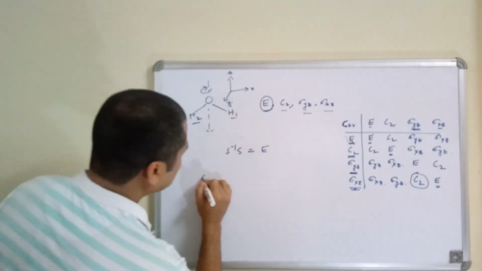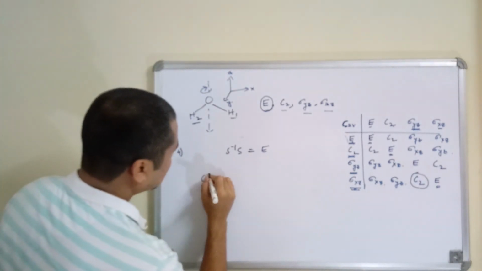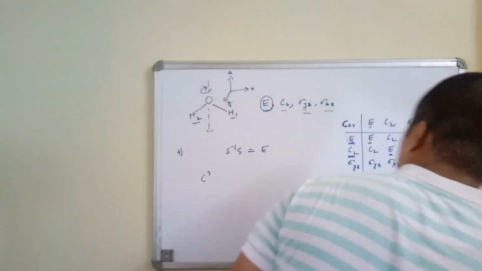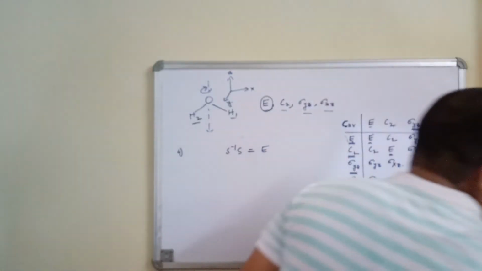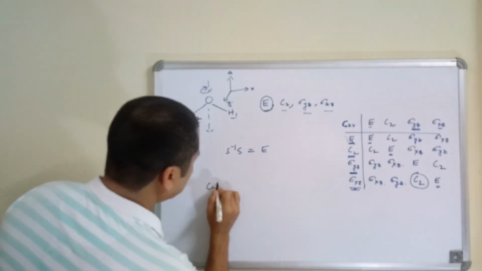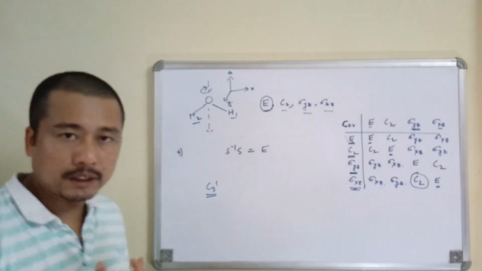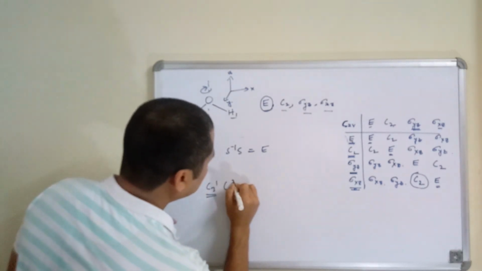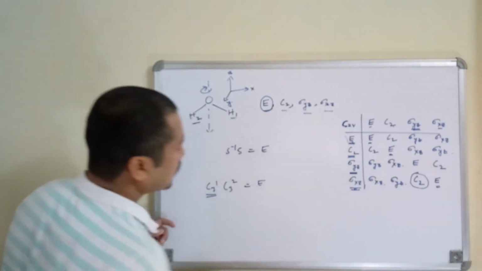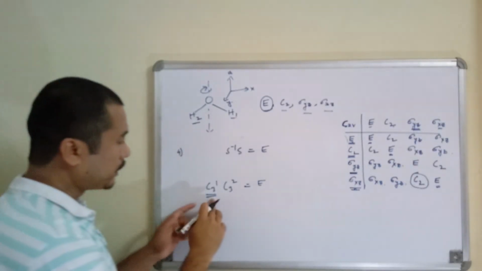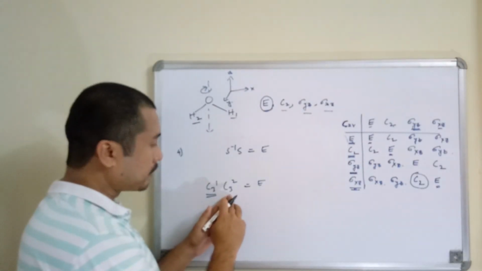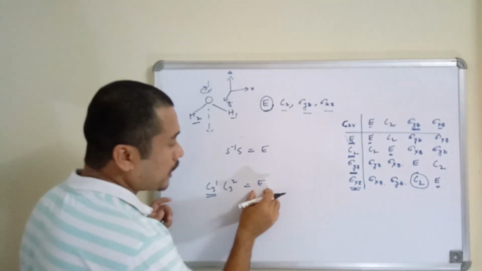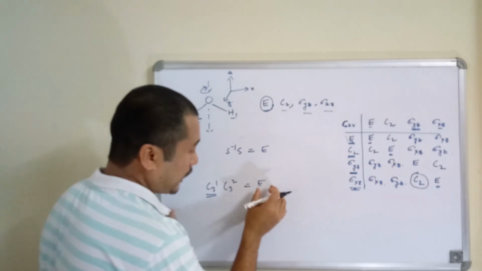So for example, if we want to find the reciprocal of the C3 1 symmetry operation present in, say, an ammonia molecule, you will find that when you multiply C3 with C3 2, you get the answer identity, because when you do C3 one time and then C3 two times, the total is going to be C3 3, and that is why the answer is going to be the identity operation.